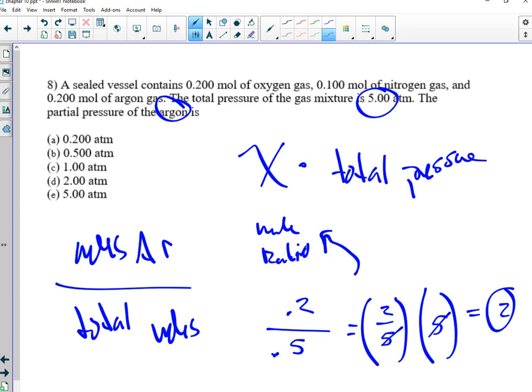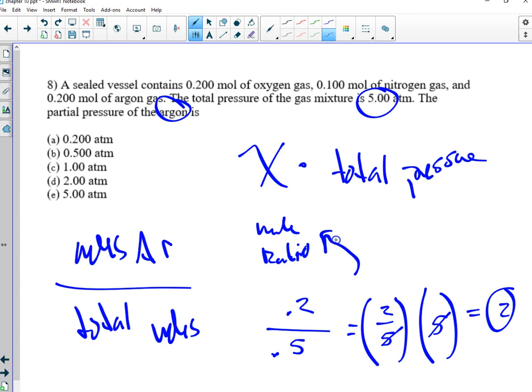And hopefully this is a problem that as you can read it, you can see the moles add to 0.5, and the pressure is 5. So you can do the math, or this one you can kind of notice, well, if it's 0.2 of 0.5, it's just 2/5 times 5. All right, who was able to do that one? Raise your hands.